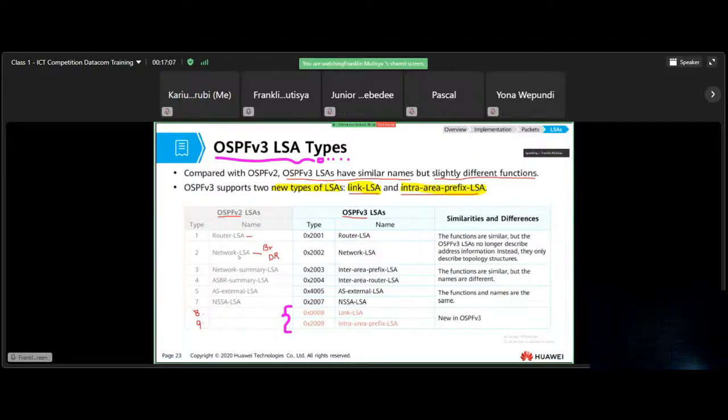Now, the difference between OSPF version 2 and version 3 router LSAs and network LSAs is that for OSPF version 3, we do not carry the IPv6 prefixes.